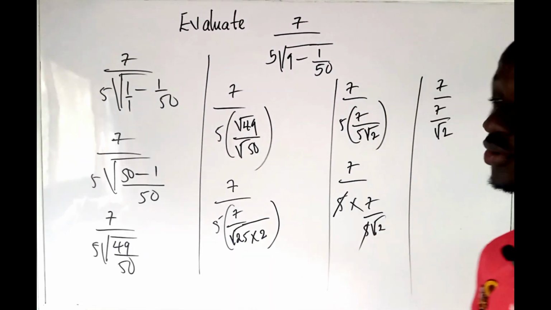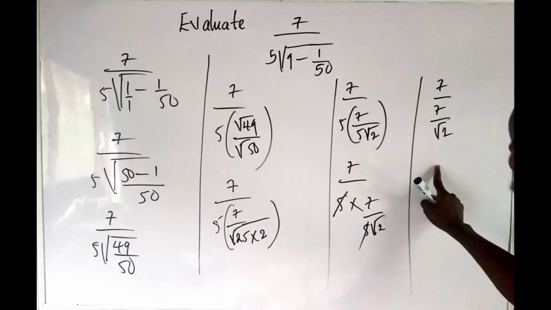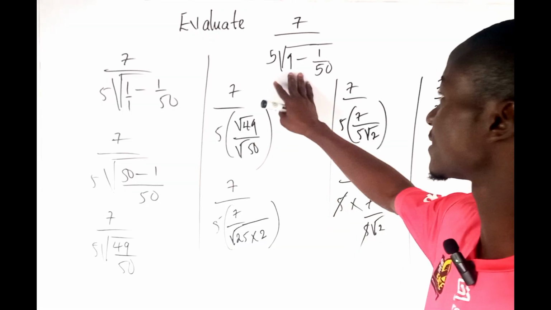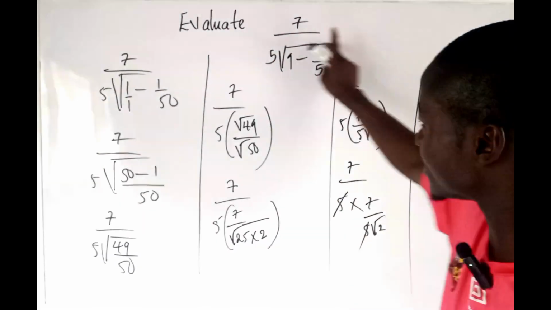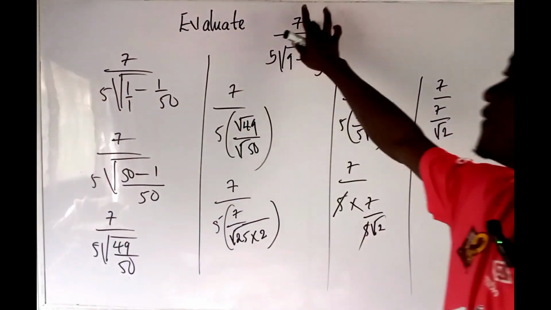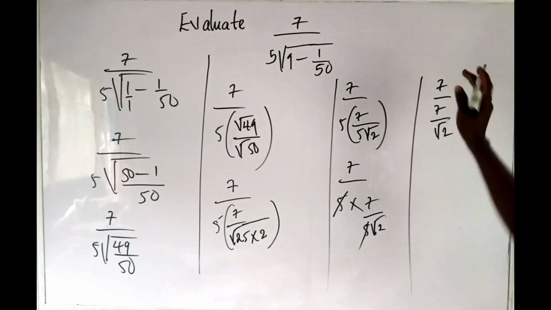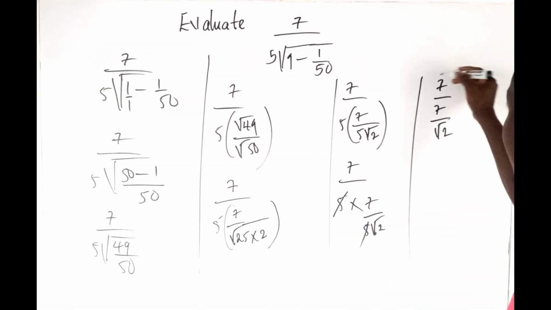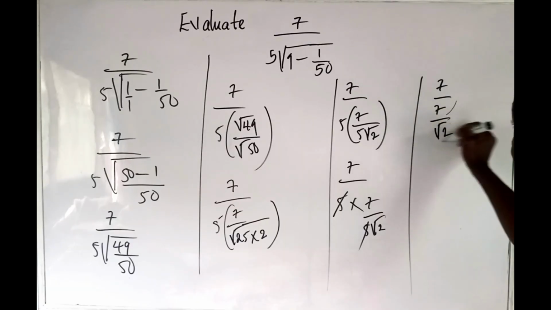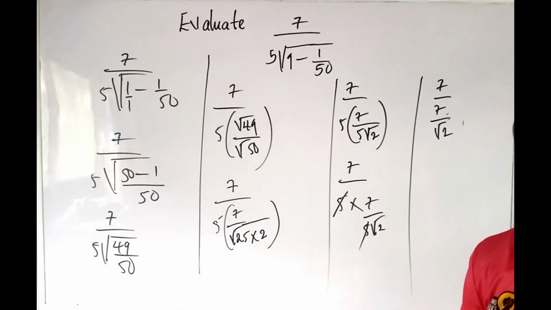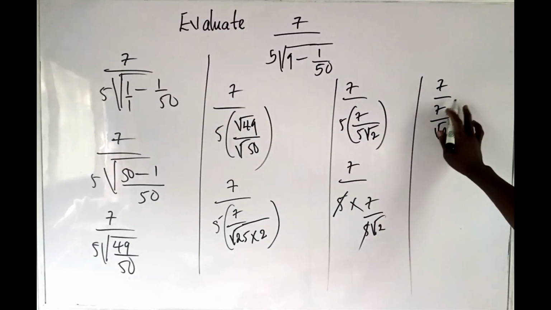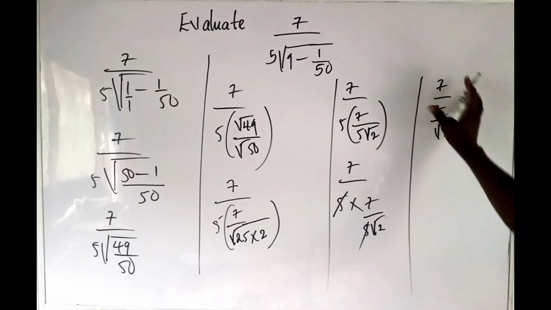Now pay attention to this. You see this 7 over root 2, they are together from scratch. They are from these terms here, like one term, so the 7 here is another term. This is two fractions on their own, and you want to separate them.